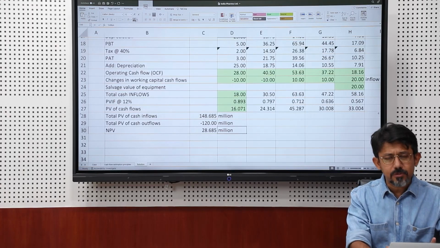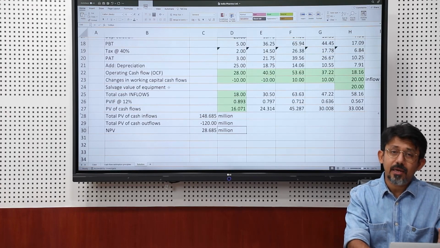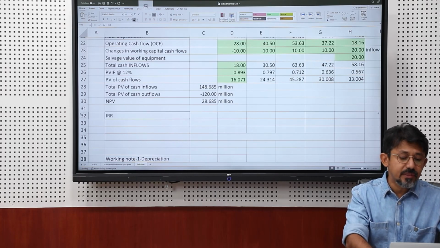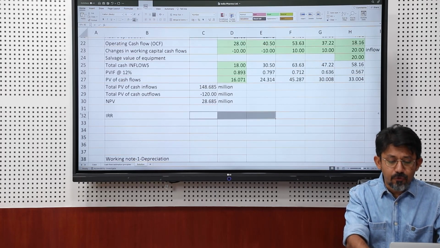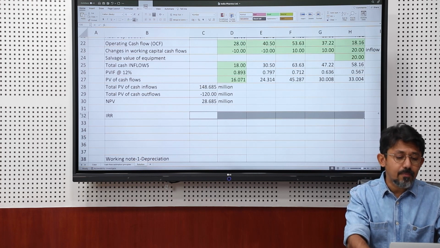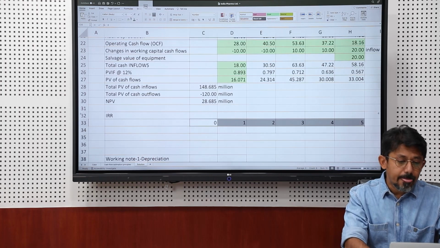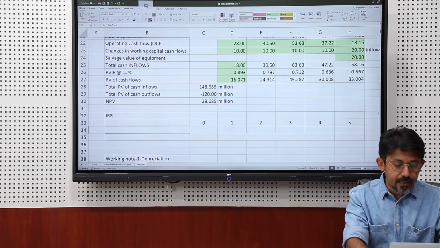So, that is one part of the solution, and then we look at the IRR calculation, which is also simple given the IRR inbuilt formula in Excel. So, all that I am doing is I am representing the years over here. Cash flows we have already calculated, so I am just reproducing the cash flows.